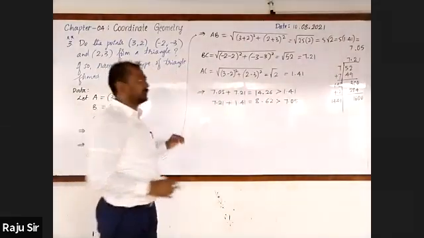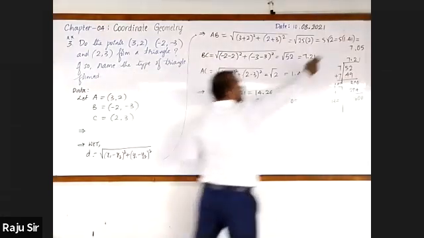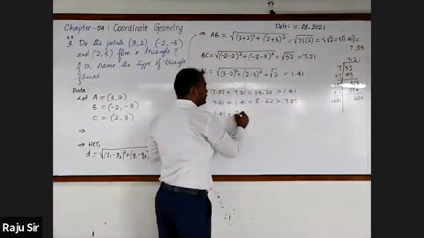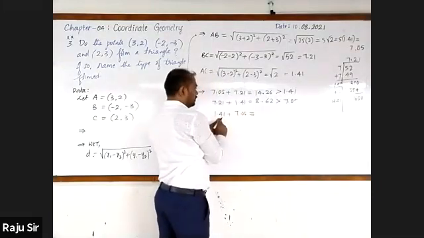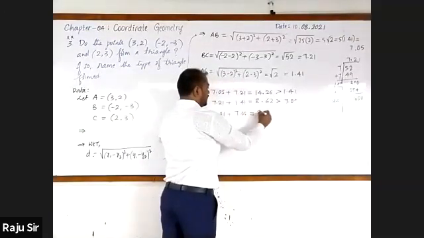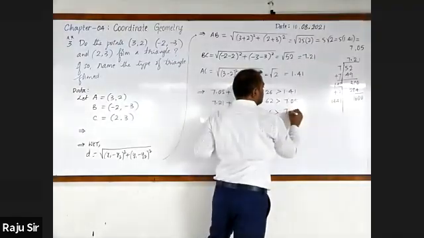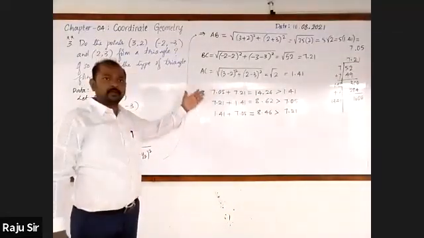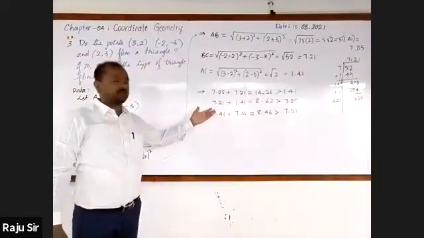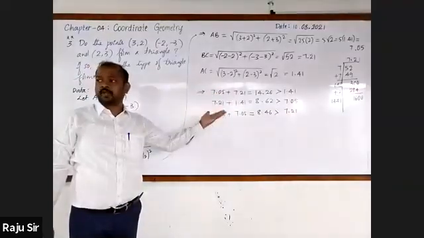Next, the other possibility: 1.41 plus 7.05 is equal to 8.46, which is greater than 7.21. Yes, it satisfies all the three conditions. The sum of any two sides is greater than the third side. Therefore, a triangle is formed.